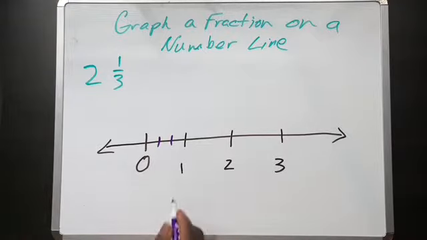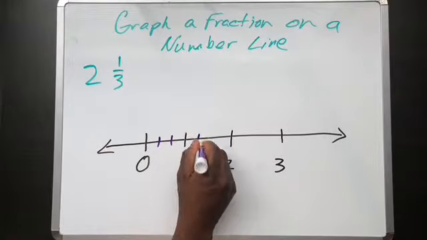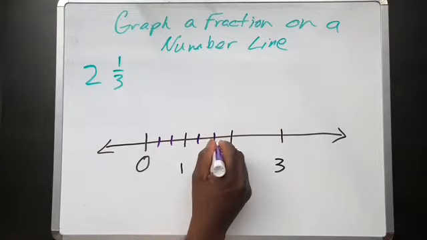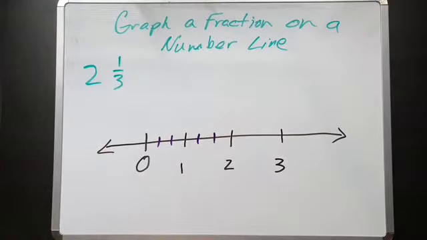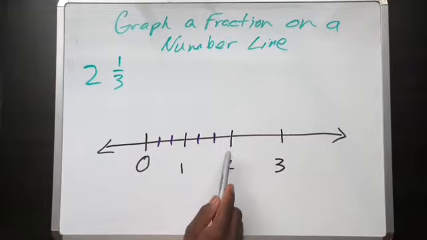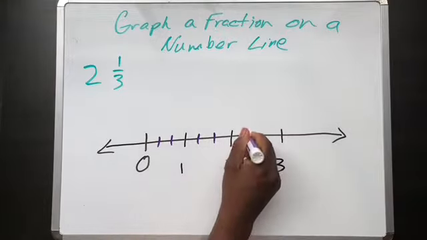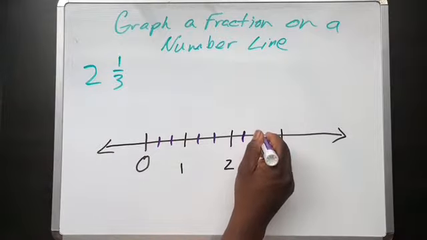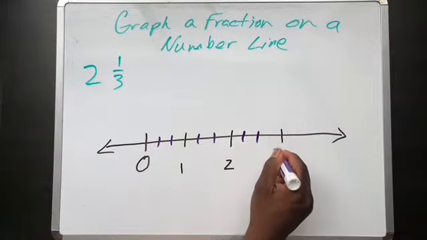So I'm going to do the same thing here. 1/3, 2/3, 3/3. We can also interpret this as 1 1/3, 1 2/3, 1 3/3, which is 2. Then 2 1/3, 2 2/3.